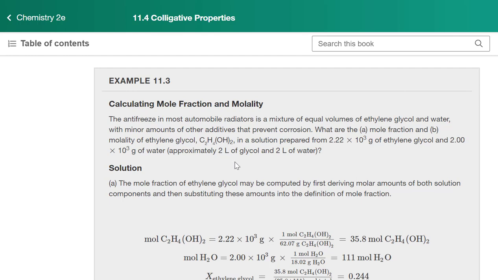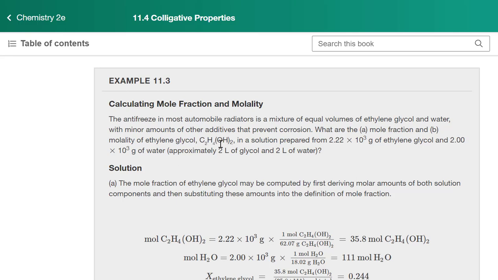And we'll see later in this section why this is a perfect thing to talk about with what this section is about. So for part A, we want mole fraction. For mole fraction, we need to know the moles of everything that is present. In this, we are given the masses, so we need to do conversions from mass to mole for both ethylene glycol and water.